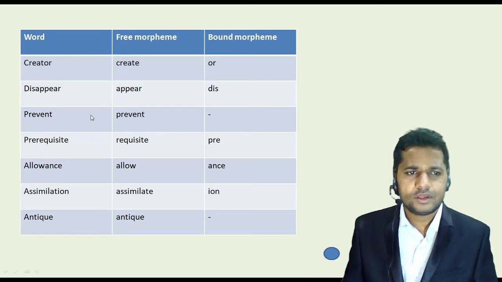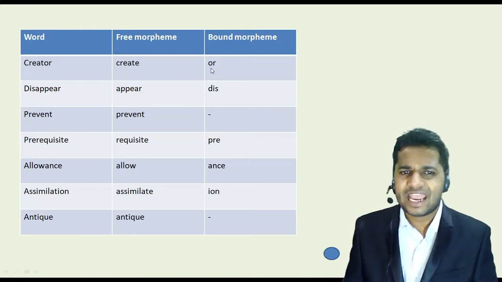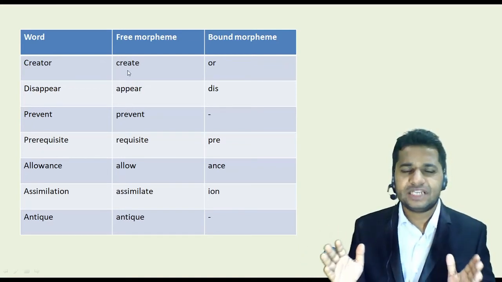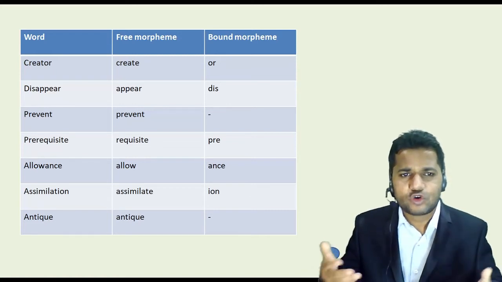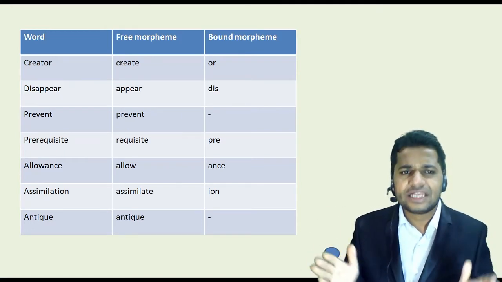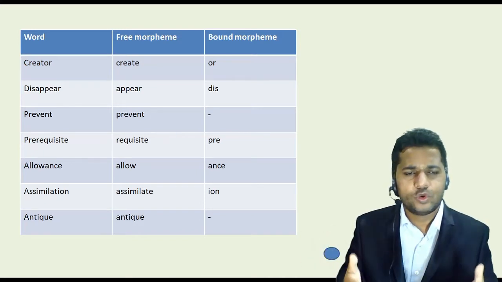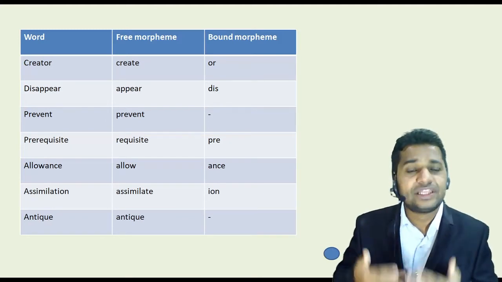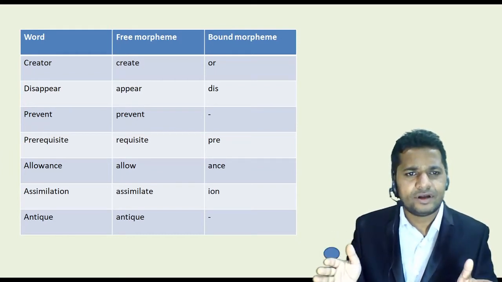Now if you see this word create, it can be divided into 2 parts, it means 2 morphemes, create and or. Create is a free morpheme. Why? Because it's a meaningful unit. It's a lexical morpheme, a content morpheme. It has got meaning, some message in it. It's called a free morpheme. It can stand independently. Create does not need any other word to be added to give its meaning, it's an independent entity, an independent word.